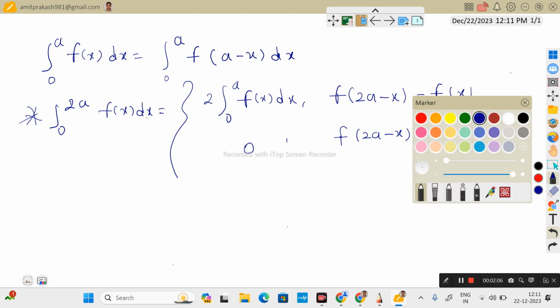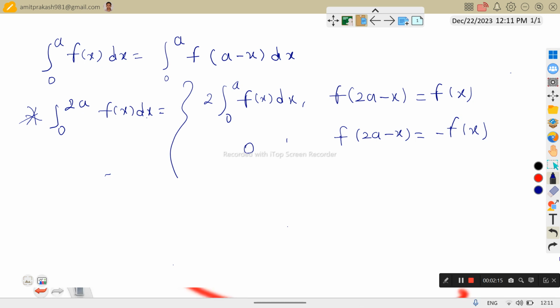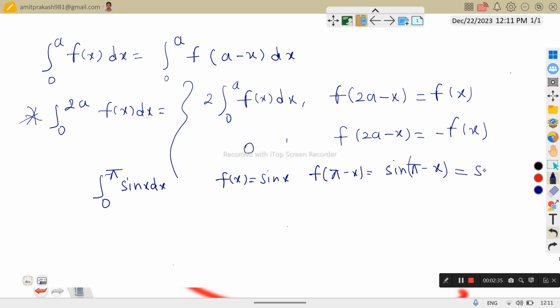We have given a definite integration problem, that is integral 0 to pi sin x dx, and we know that here f(x) equals sin x, and f(pi minus x) equals sin(pi minus x) equals sin x, that is f(x).